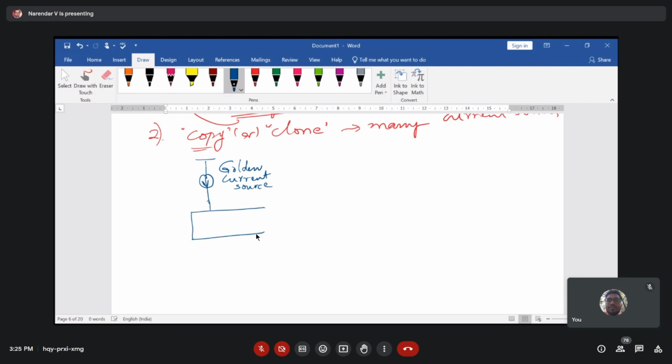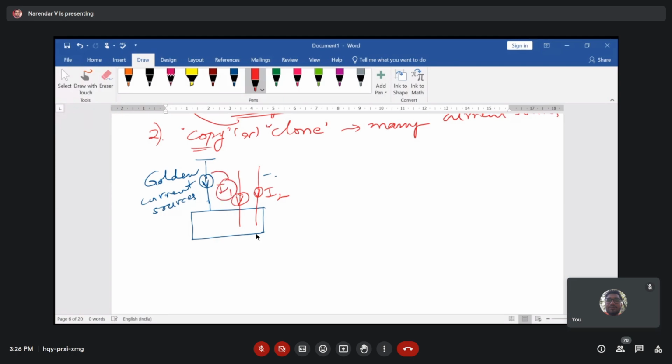Now we require some currents. Let's take this as the current I require here, and we require one more current here. So this current is I2 and this is I1.